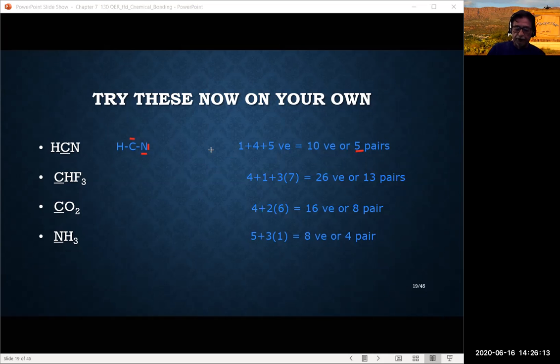Well, we can see hydrogen's happy, so we can't do anything else with hydrogen. How many electrons are around carbon the way I drew it? Can anybody tell me, whether it's shared or not shared? How many lines do you see around carbon?